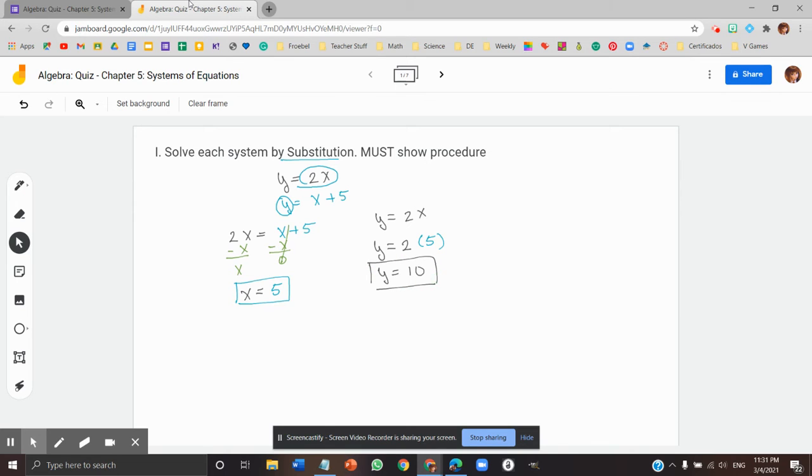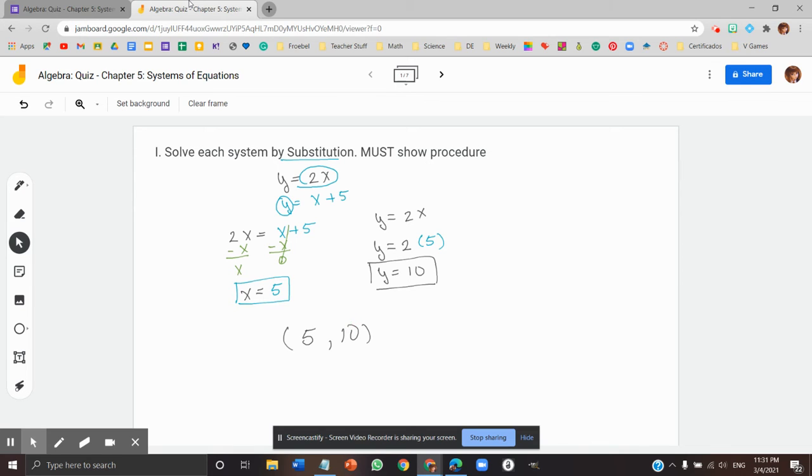Now that I know what x is and what y is, I can also put this as a solution. My solution, remember, is like x and y. When I plot it in my coordinate plane, I can plot it like that. So x in this case is 5, and y is 10.